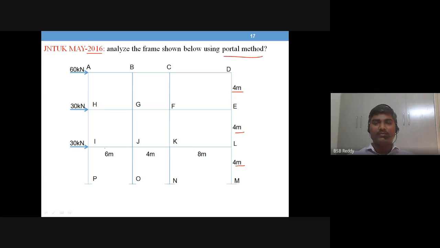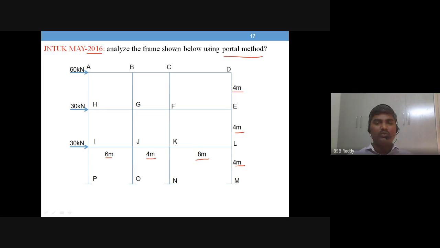So it's a three-storied, three-bay frame. The bays are different in lengths, whereas story heights are the same.